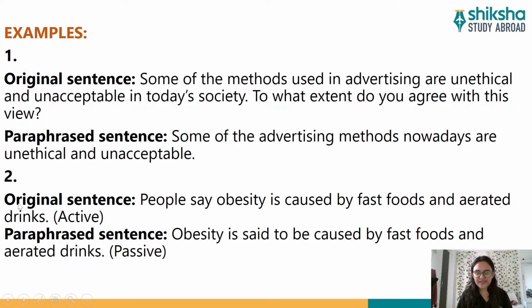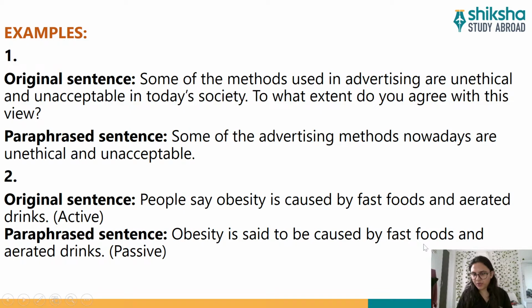Okay. Now, the second example is: people say obesity is caused by fast foods and aerated drinks. This is an active tone sentence. That means we have two voices if you are aware of grammar, active voice and passive voice. So this is an active. Let me read out the passive one, or the paraphrased one.